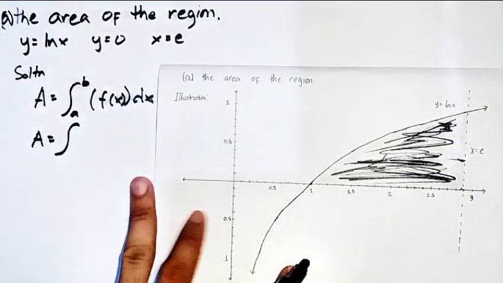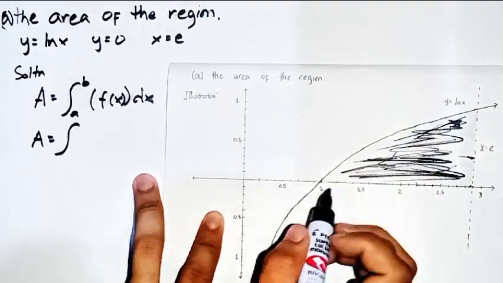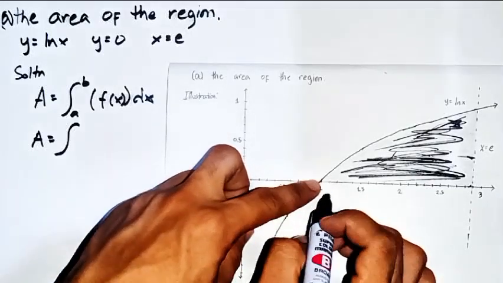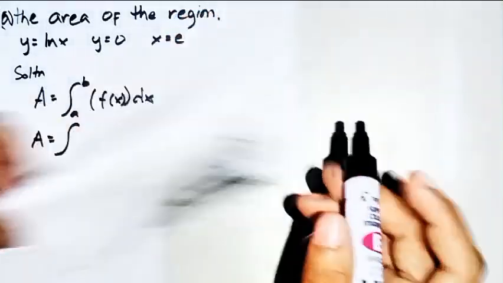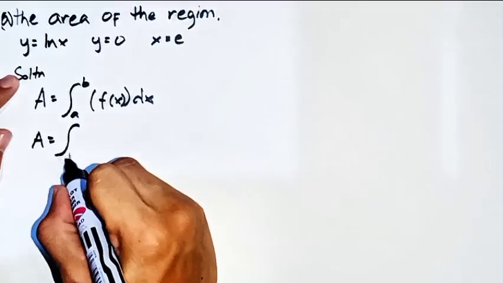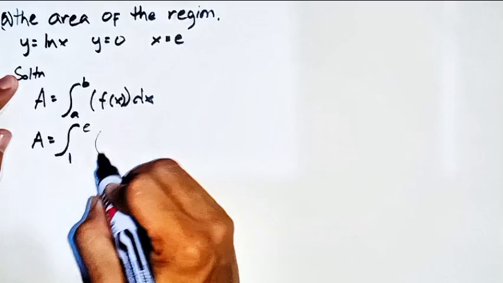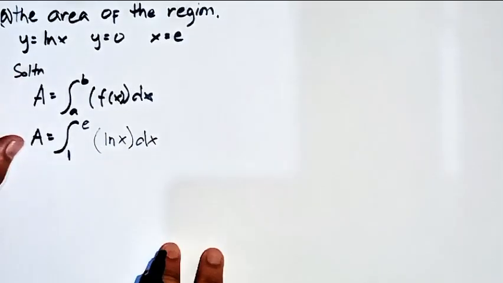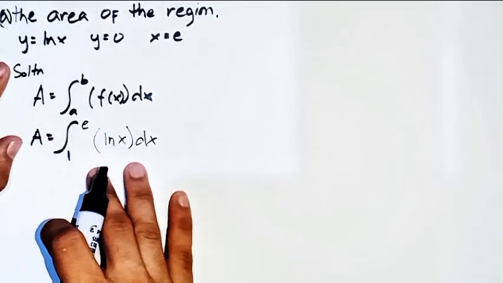As you can see, our graph, y is equal to ln x, intersects the x-axis at 1. So 1 here is our a, and our b is e. So therefore, our a here is 1, and our b here is e. Now our f of x is ln x dx. Now, as you can observe in our problem, we cannot integrate it directly.